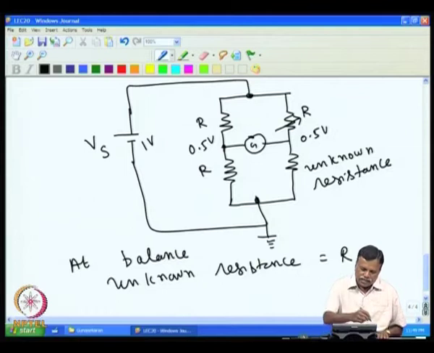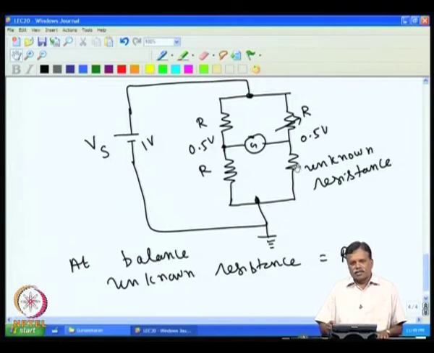Then I take this R as equal to the unknown resistance. So, I adjust R to get a null in the galvanometer, then I take this value equal to this value, and this is a celebrated bridge technique, and even today it is used.